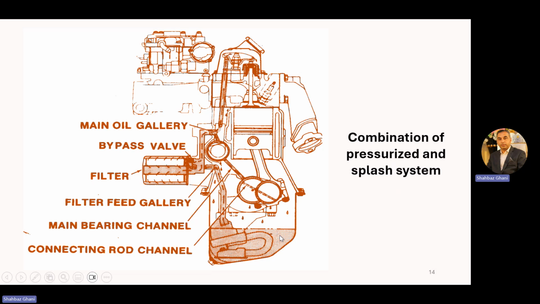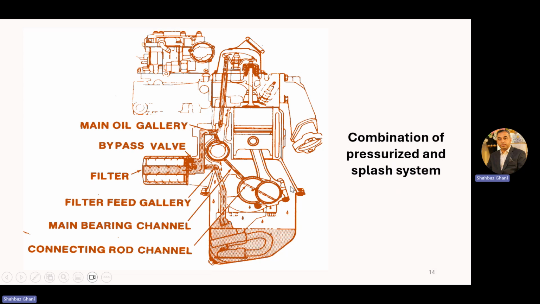So let's see. This is your oil reservoir here. Oil is present here. This is your crankshaft. This is your connecting rod. And the oil is flowing through the splash here and also going from the oil pump to the oil filter, and then it goes to the rocker arm and valves, and then in the circulation it comes back to the engine.